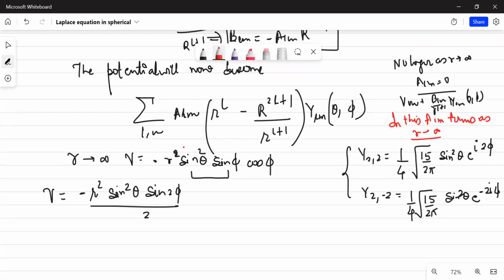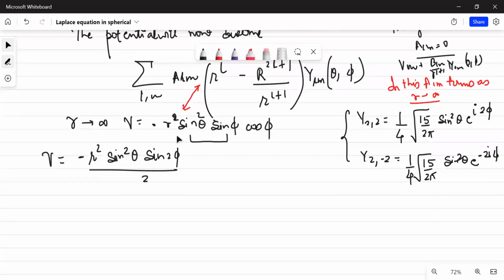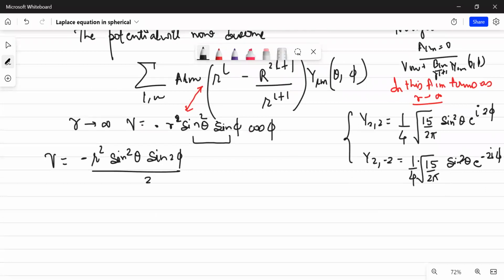On both sides, you can clearly see that the L equal to 2 term would survive if you compare these two terms, but that is what I'm trying to do also. So I will write this potential as a linear combination of Y22 and Y2 minus 2. I think it would be minus r square upon 2.